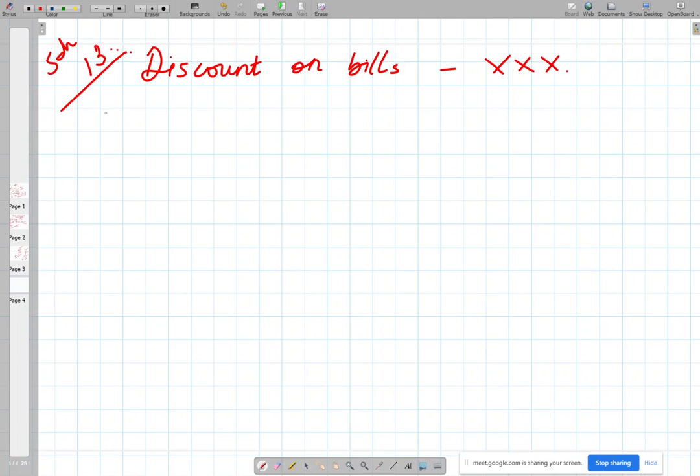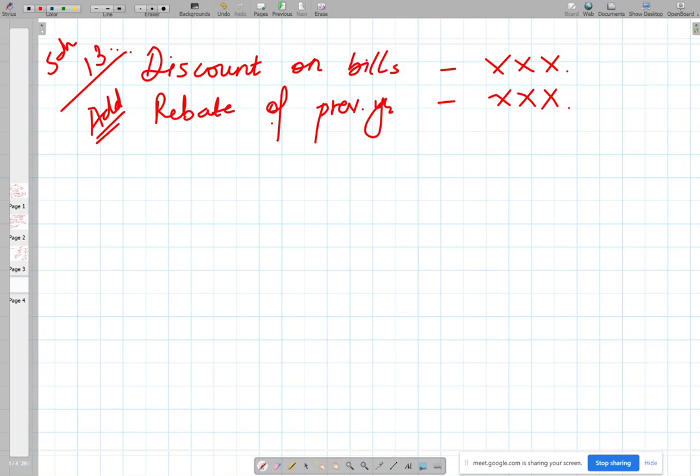Wherever there is rebate, we add rebate of previous year, less rebate of current year.